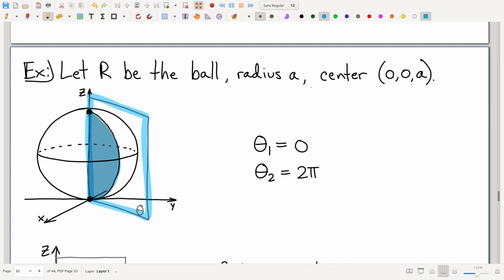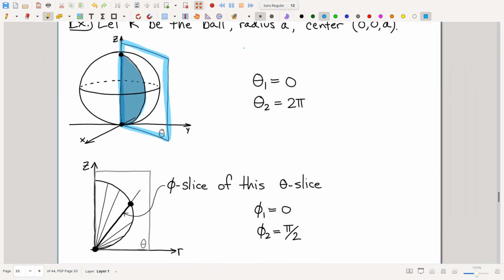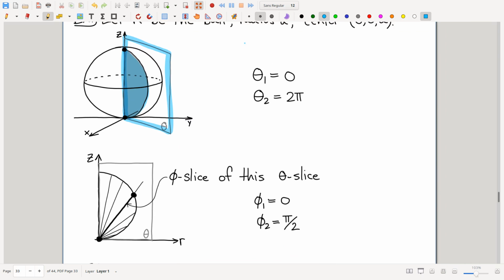I think this is a neat trick, and that is to go ahead and redraw that theta slice. So there's my theta half plane. Here's my theta slice on that theta half plane. And now notice, for example, this, which is a right angle, but doesn't look like a right angle.